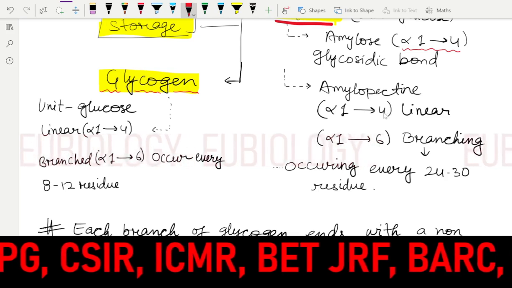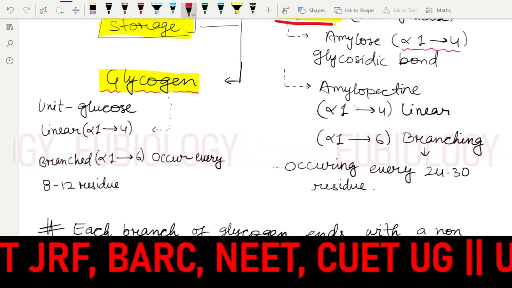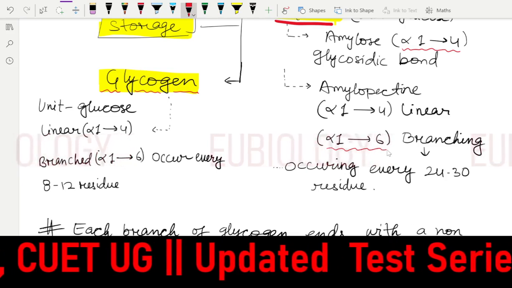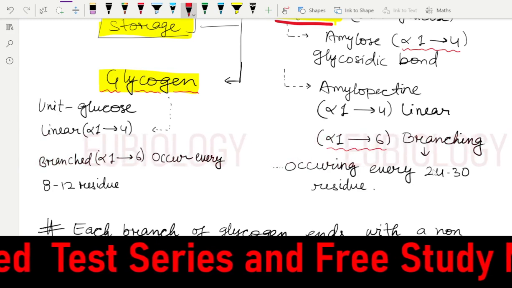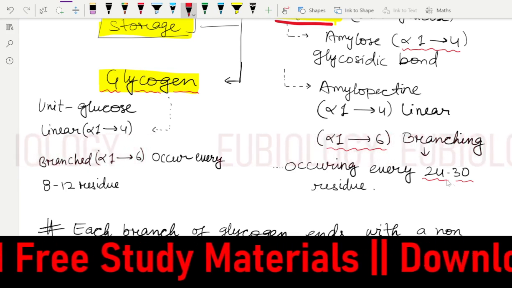So this is a linear form and another is the branching. In amylopectin you will get the branching. Because of this, you get alpha 1,6 branching, and at every 24 to 30 residues there will be one branch.